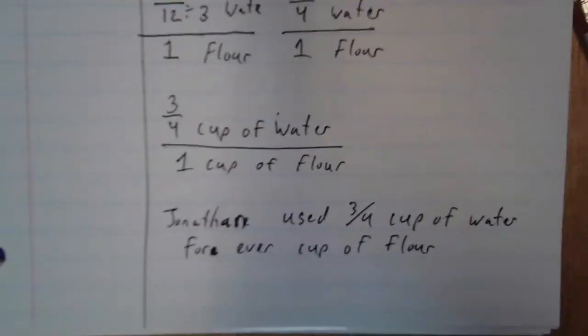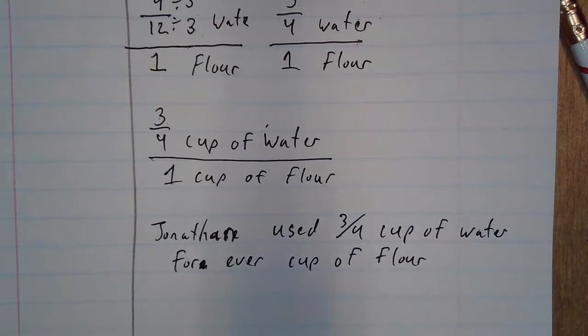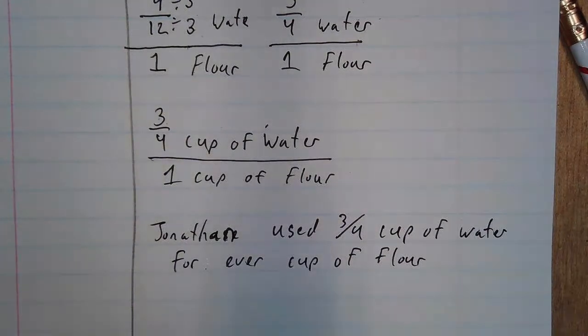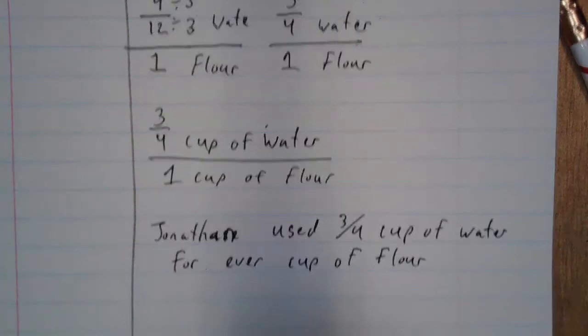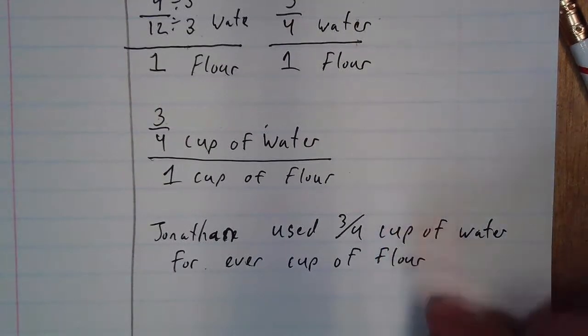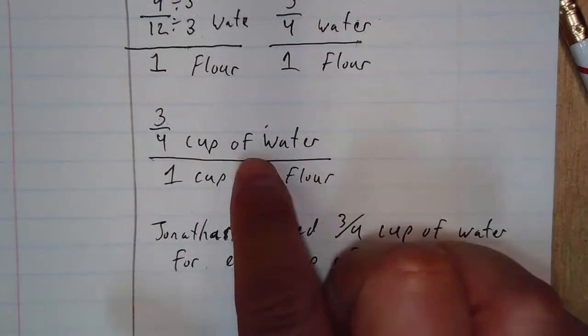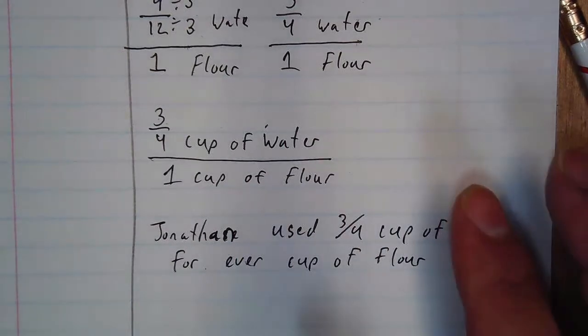Of course, you could have used the pattern I used before. You know what? Let me just erase this. See, this is why you don't use pen, people. If I'd used a pencil, I could have erased it very easily, and now instead I got to use a little whiteout. Anyways, there you go. You could have said, like in the other examples, 3/4 cup of water per 1 cup of flour.